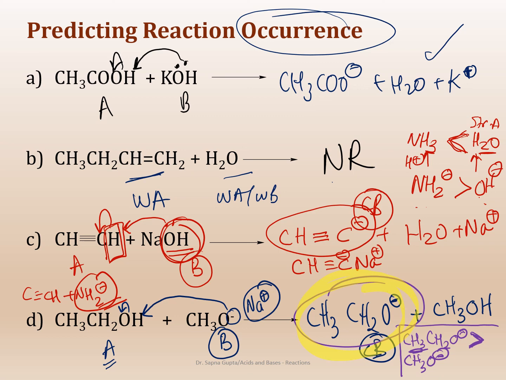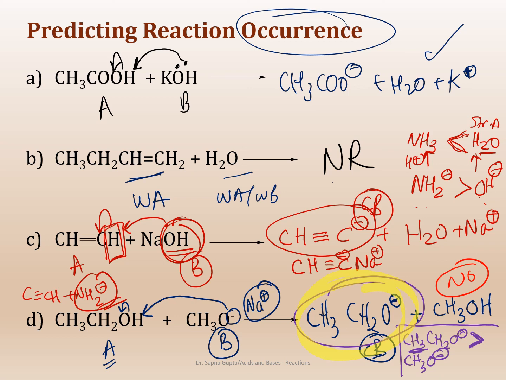It's just that the products are not weak enough. There are ways that you can control this reaction if you really wanted to, but at this point, that's not our concern. Our concern is, is this reaction favorable as a forward reaction? The answer is no. It's not favorable because we are forming stronger bases in the product, so it's not going to happen.